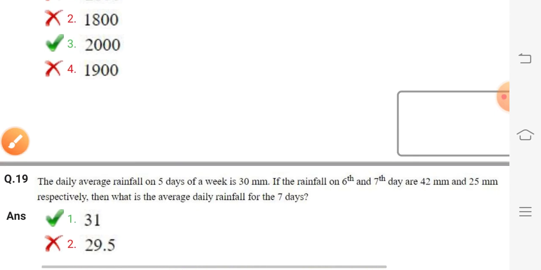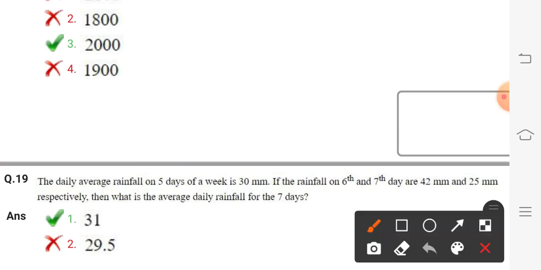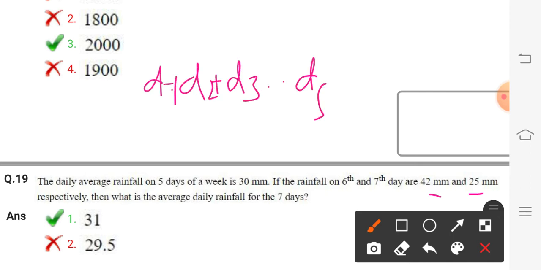Next question. The daily average rainfall on 5 days of a week is 30 millimeters. If the rainfall on the 6th and 7th day are 42 millimeters and 25 millimeters respectively, then what is the average daily rainfall for the 7 days? Daily rain average for 7 days: day 1, day 2, day 3, add all days, we get day 5. This average is given as 30.